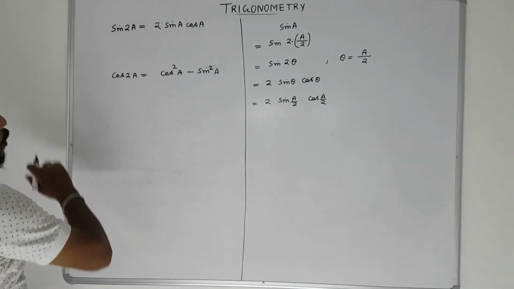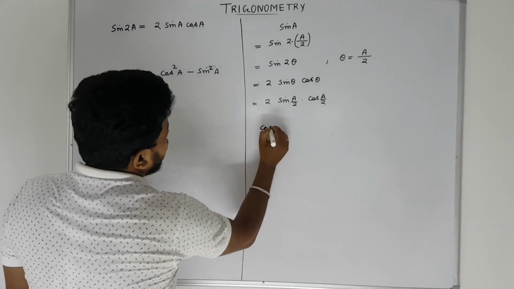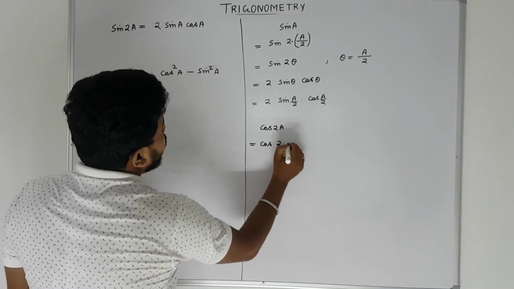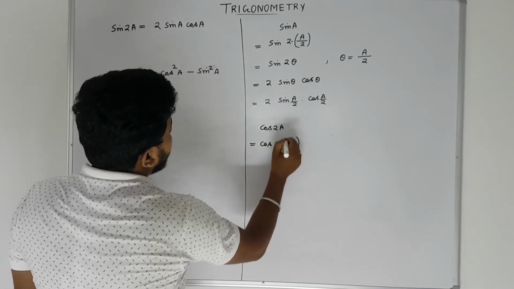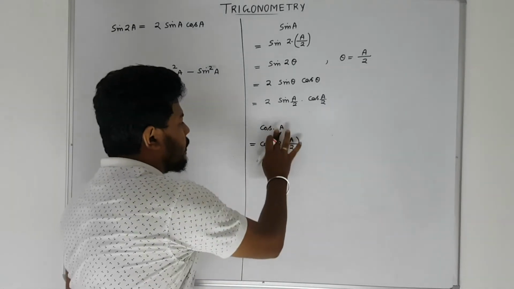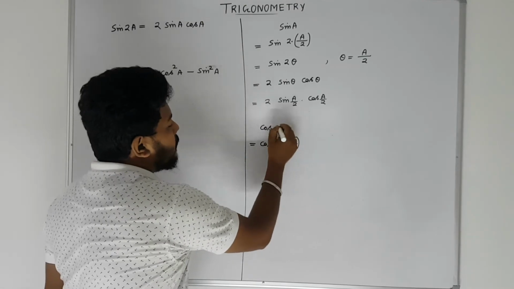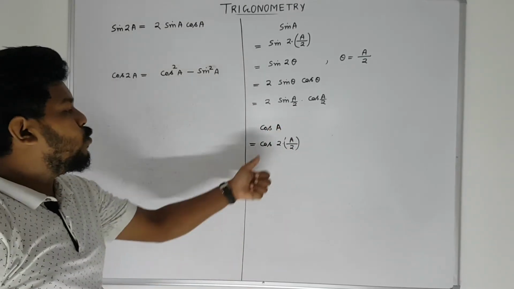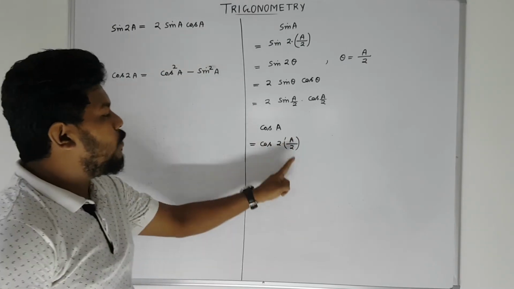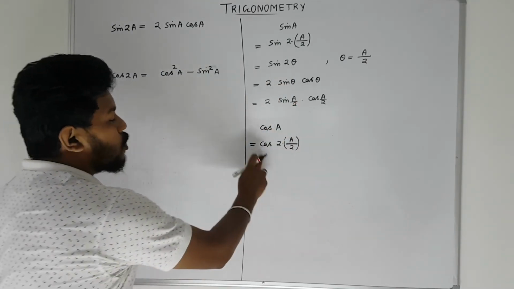Similarly, what about cos twice A? Cos twice A is nothing but cos 2 into A by 2. Similarly, I have expressed cos A, the angle A, as 2 times A by 2. Now, if I express this A by 2 as theta, it will be equal to cos twice theta.